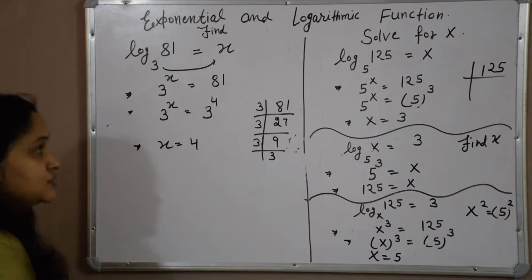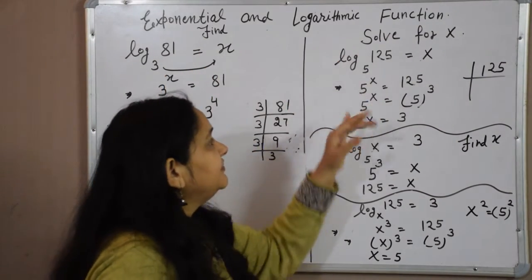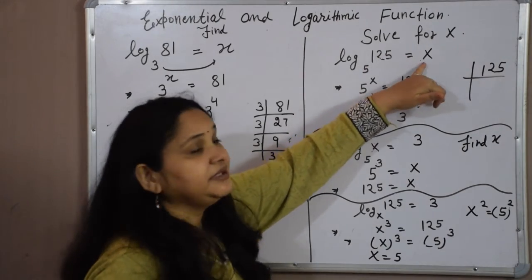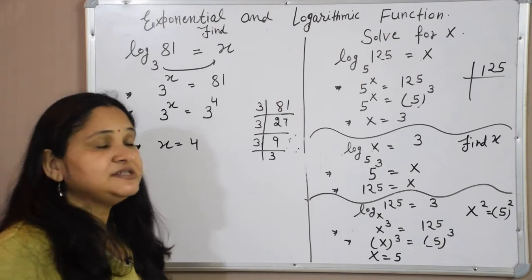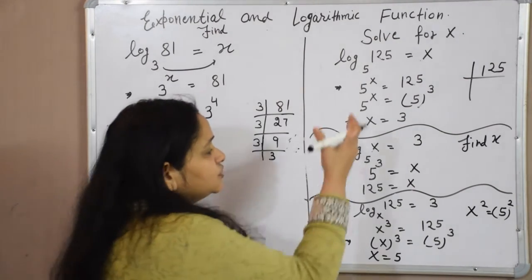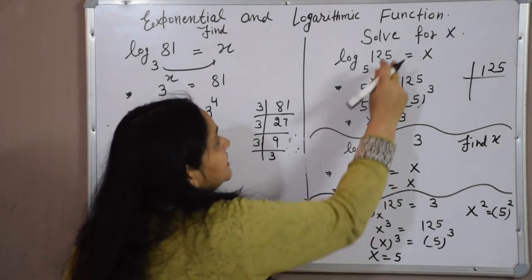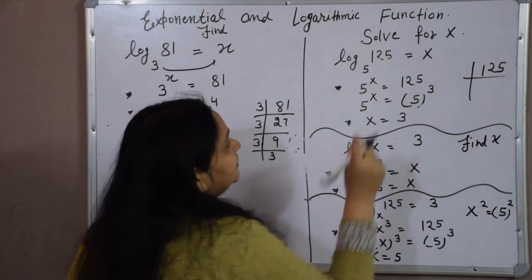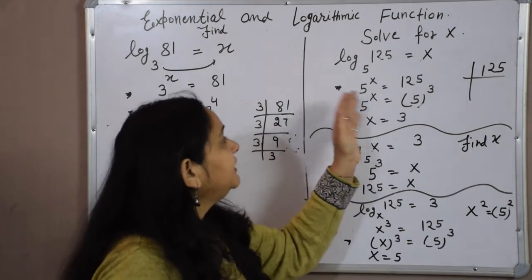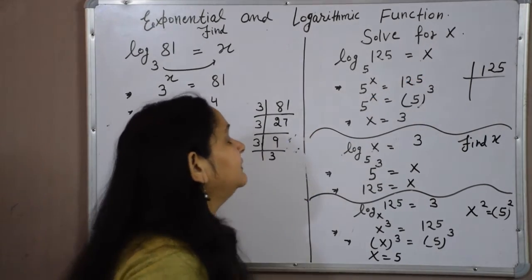Now it is not always that we have to find only this number. We have 3 numbers, 1 2 3, and out of these 3, 2 are already given and we always need to find only one number. So I am taking a simple example so that it will be clear to you. Solve for x. Log of 125 to the base 5 is equal to x. So here also we need to find that power of 5 which will make it 125.